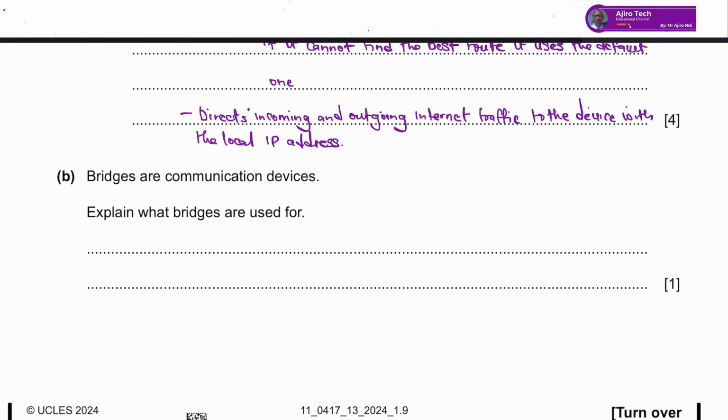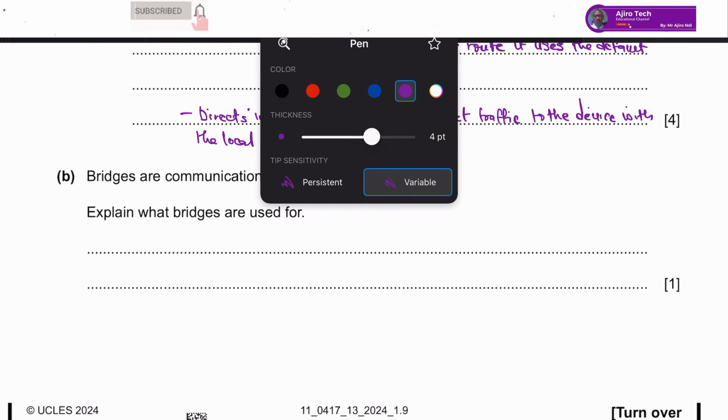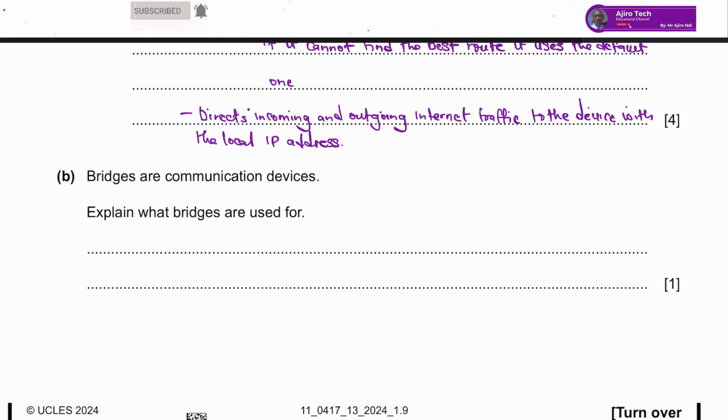I think there's also a bridge between Sweden and Denmark. So all the Sweden and Denmark students, say hi in the comment section. So it's used to connect two places together. Literally it's still the same thing. What a bridge does is to connect one land to another land.